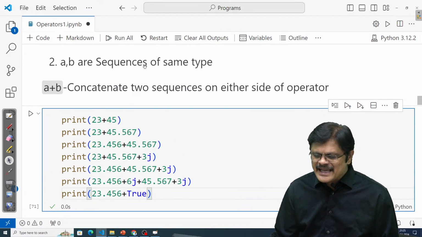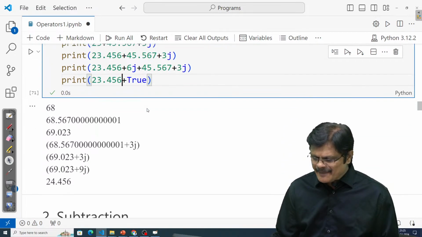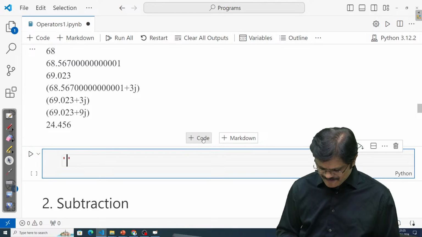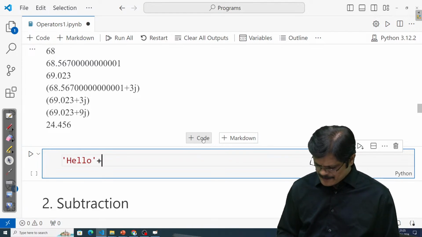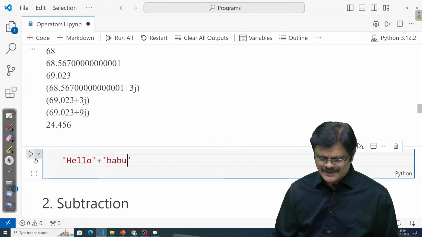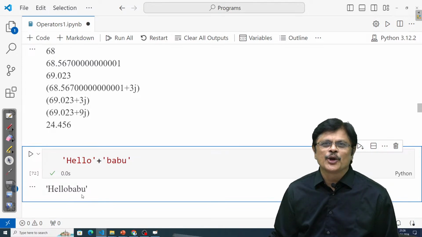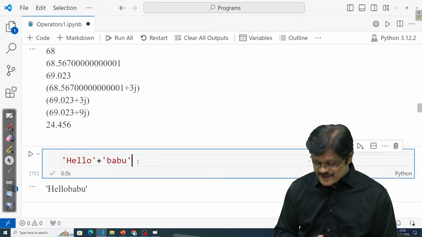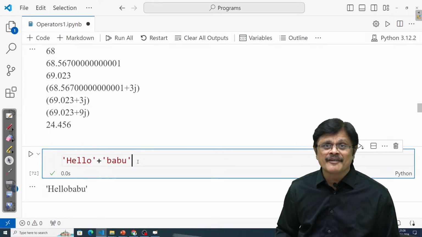And what about the sequence types? If a and b are sequence types, then concatenation will happen. For example, if I am having hello plus Babu, what is the result? The concatenation, helloBabu, is the result. But please be careful, they must be sequences of the same type.